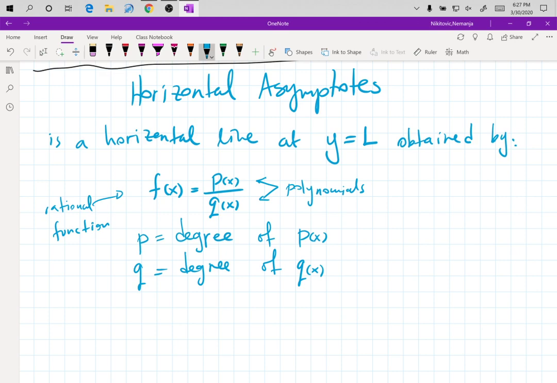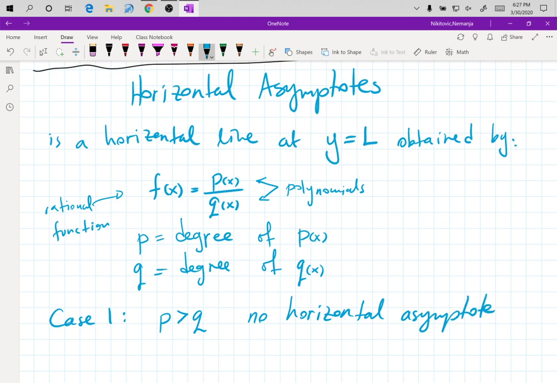So what do I do now? Case 1 is P larger than Q. No horizontal asymptote.